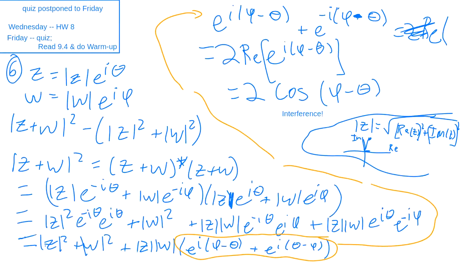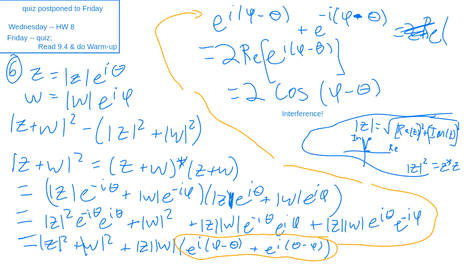Another way to write that is, we can also write it this way: the modulus of z squared is equal to the complex conjugate times the original quantity. Remember, the complex conjugate, you take the imaginary components and make them negative.